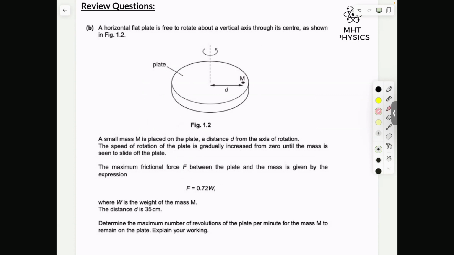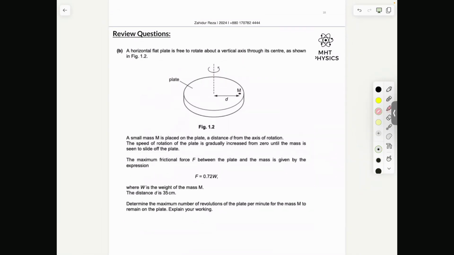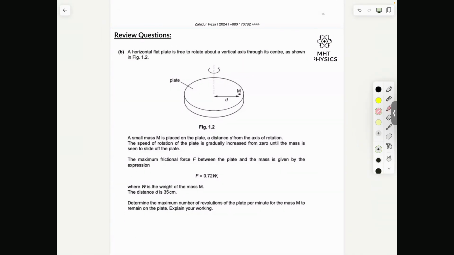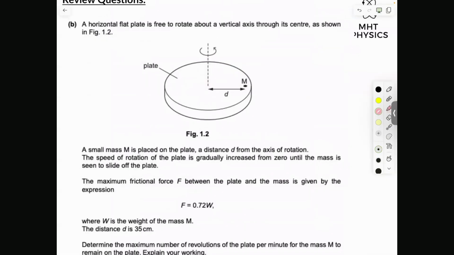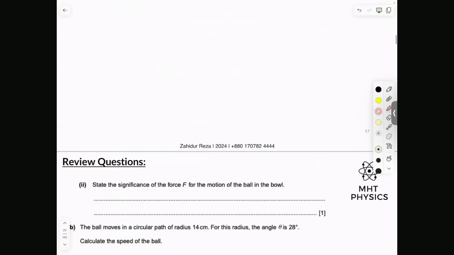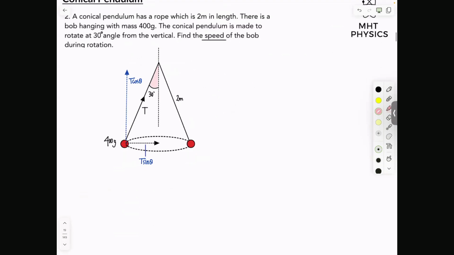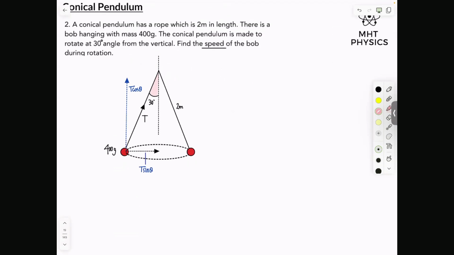Oh, no, it's in a different chapter. Yeah, that's gravitational field. Okay, I mean, usually there are other copies that change to it.